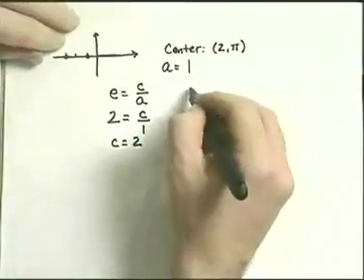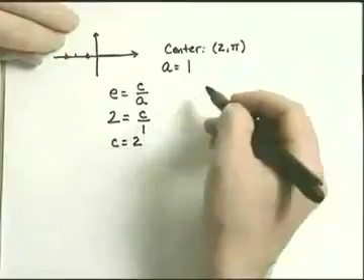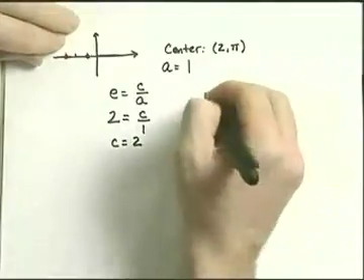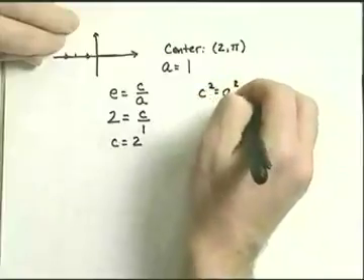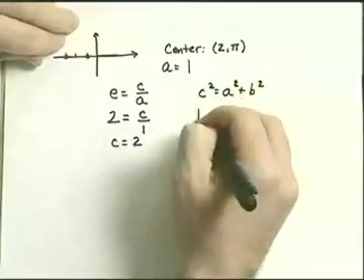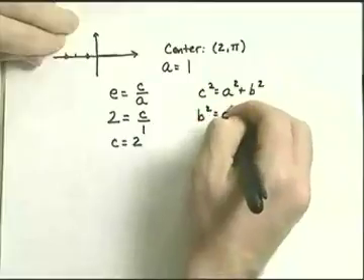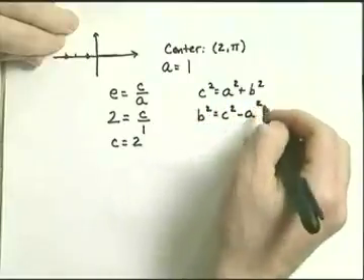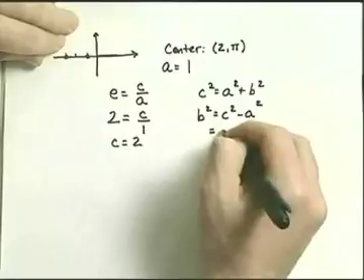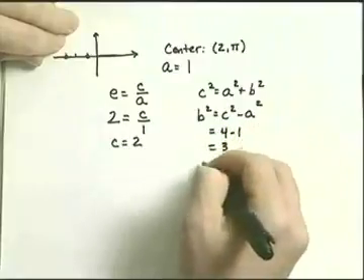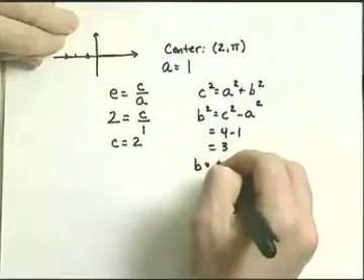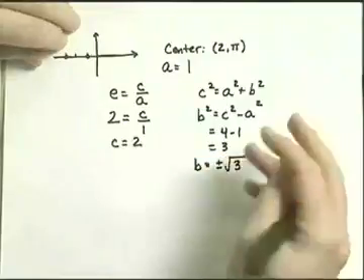What that is going to allow me to do is figure out the value of b squared. Remember, in a hyperbola, c squared equals a squared plus b squared. That means that b squared is going to be c squared minus a squared. So I'm going to have 2 squared, or 4, minus 1 squared, 1, is 3. So b is equal to plus or minus the square root of 3.